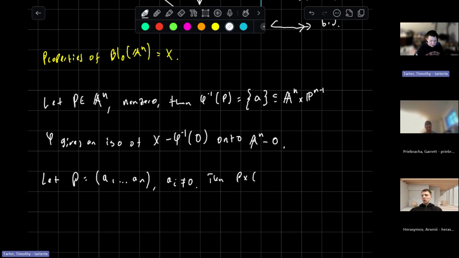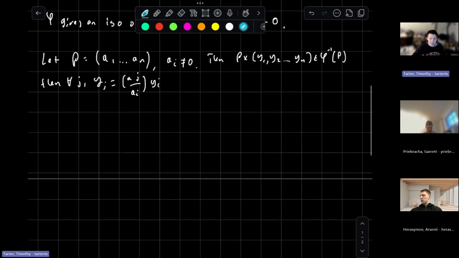Then P Cartesian product Y1, Y2, Yn, and phi inverse of P, then for each j, yj is equal to aj for ai yi.